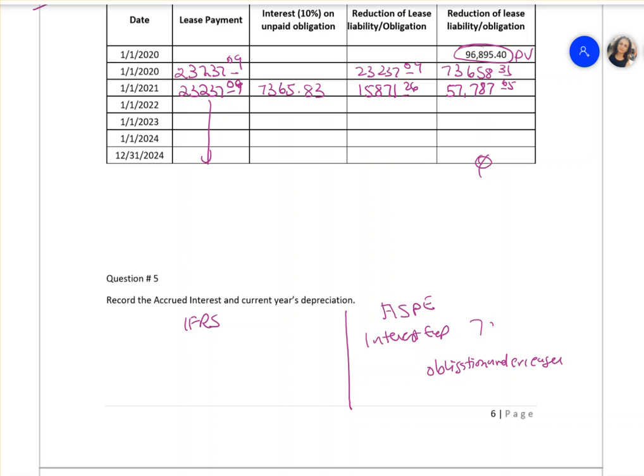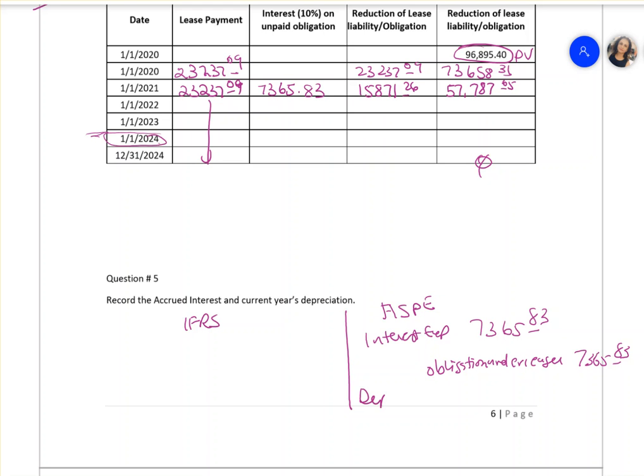What will that be? 7365 and 83 cents. You have to complete this table in order to answer. In the Value Plus quizzes, you could be asked to do an interest expense somewhere in 2014 or 2020, depending on what is asked in the question, so you have to follow what the question is asking you to do.